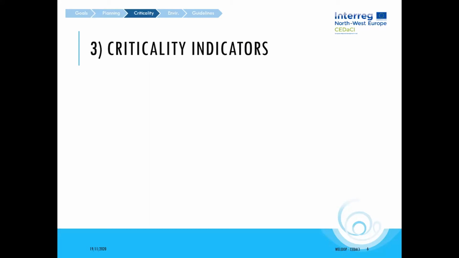So criticality indicators, first of all, they are divided into 2 categories. First, we decided to generate first-level criticality indicators based on the average ore content in the mine. And they are also based, of course, on the metal content in each piece of equipment.